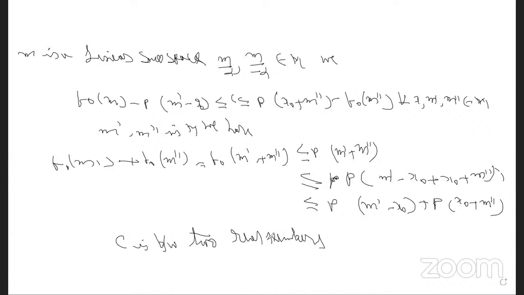So supremum, we have to first clear the board. Now the supremum of m', where m' belongs to capital M, that is equal to f naught of m' minus p of m' minus x naught.